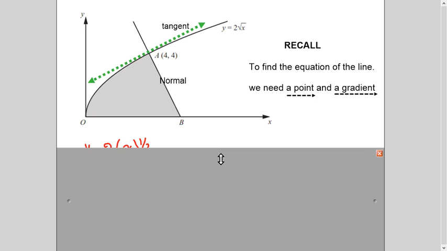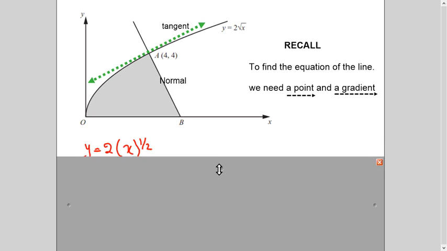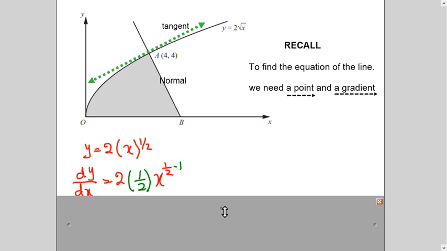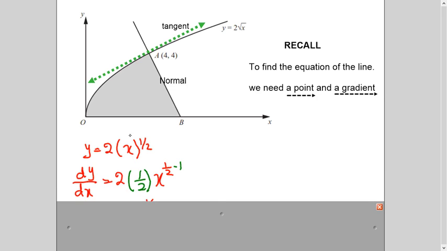Now, to find the gradient of the normal, I need to know the gradient of the tangent first. And I will tell you why in a while. So let's differentiate it first. y equals 2 x power half. Root means power half. So when we differentiate it, half will come as a multiplier, and then the power will be reduced by 1.